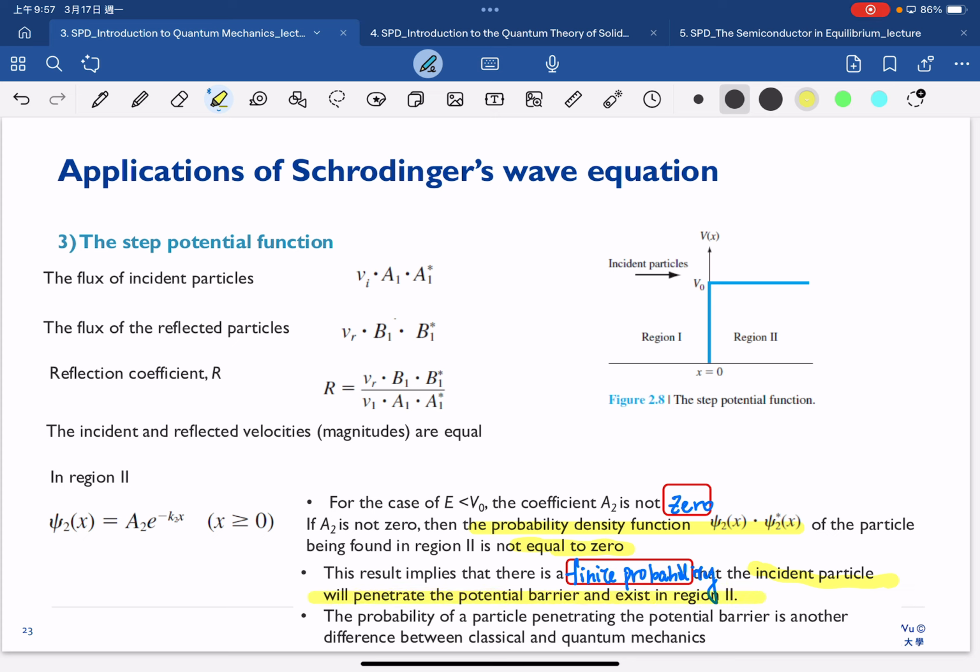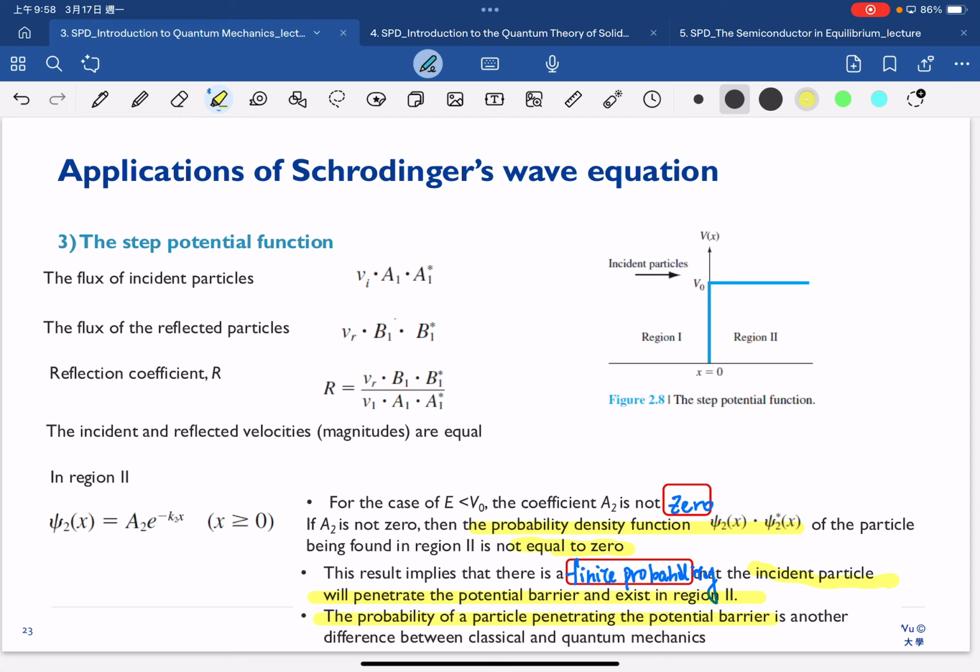That's actually why we have to learn quantum mechanics, why conventional physics cannot help us, because it cannot explain why there's a chance to find something in region 2. So that's why we need to use quantum mechanics here. The probability of a particle penetrating the potential barrier is the difference between classical and quantum mechanics.